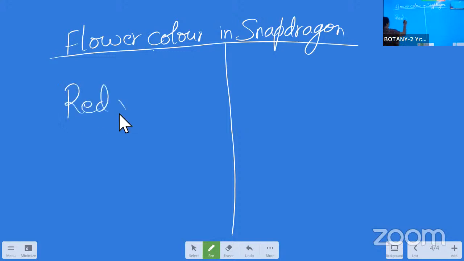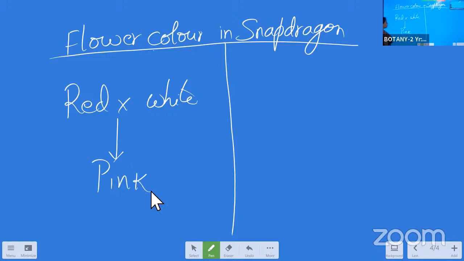Red is there, white is there, and in between, it is expressing the pink color. So in this, the dominant gene is not completely dominant over its recessive allele, and the recessive allele is not completely suppressive in the heterozygous condition. Even it is expressing its characters, so we will get the intermediate color, the pink one.